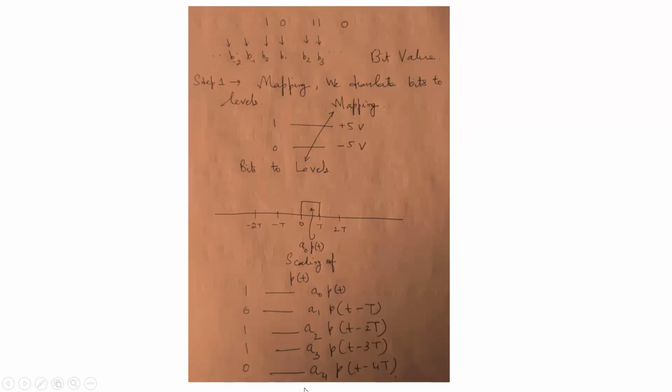In general, if this is how these bits are represented individually, a0 p(t), a1 p(t minus T), a2 p(t minus 2T), and so on, how can we put this waveform into an expression? In general, the transmitted signal is x(t), the sum over k going from minus infinity to infinity, where k is an index, of a_k p(t minus kT).